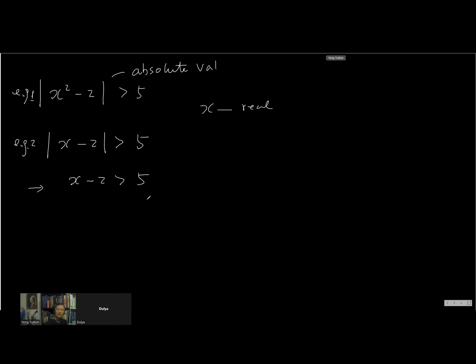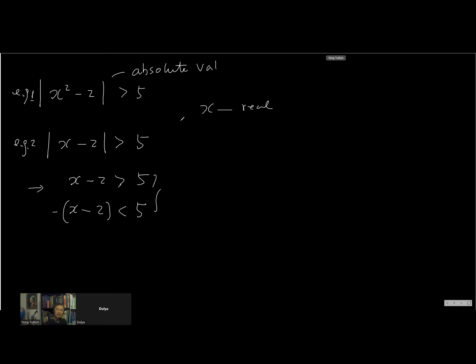Another is x minus 2 is smaller than negative 5 if x is negative. Unlike the complex number, where we use the Pythagoras theorem, with this kind of inequality you have to rewrite the absolute value into two cases.